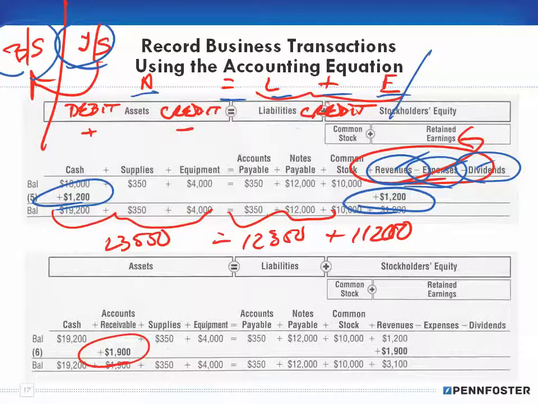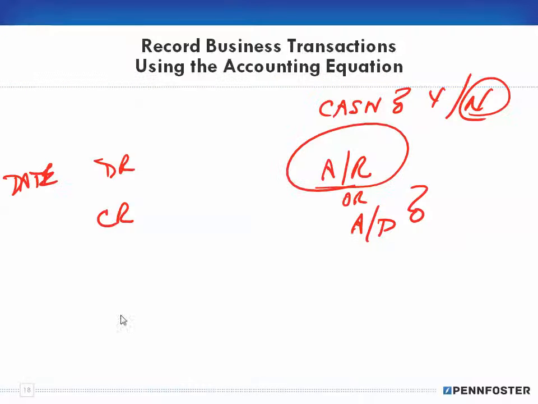I know that accounts receivable is an asset because I own the receivable, meaning people owe me money. So if I have an accounts receivable, I treat it the exact same way as if I was receiving cash. If my accounts receivable goes up, I debit it because assets increase on the debit side. It's just that simple.